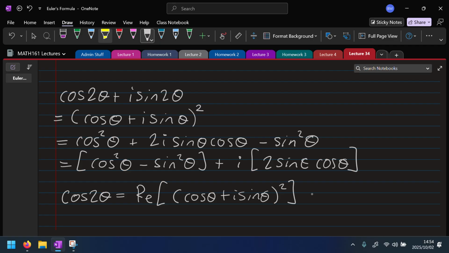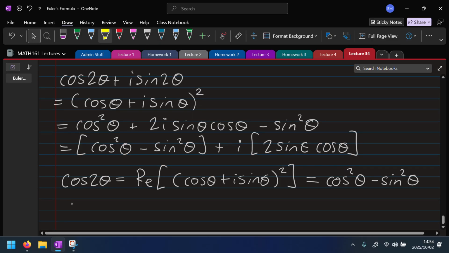That was squared. It's the real part of all of that, and that's just this first bracket. And we know, right? That's correct. Now sine 2 theta, what's that going to be?